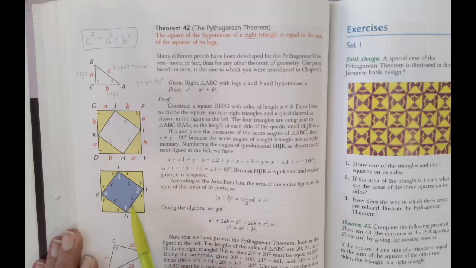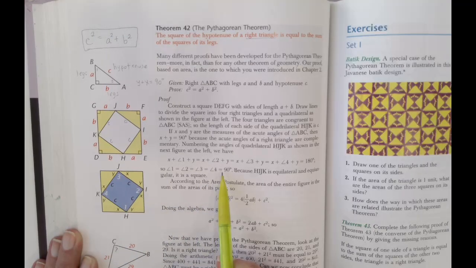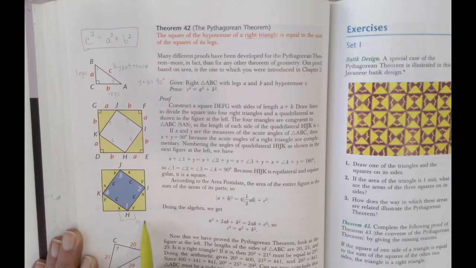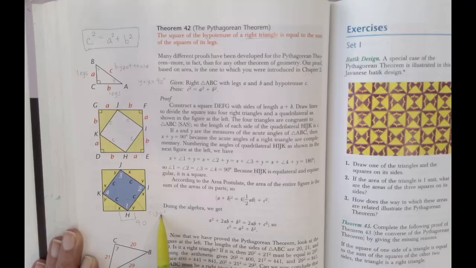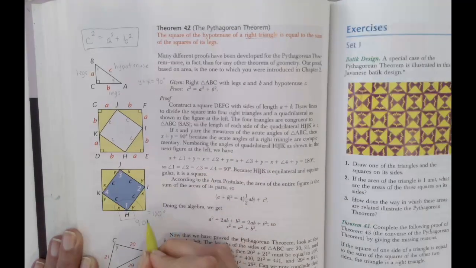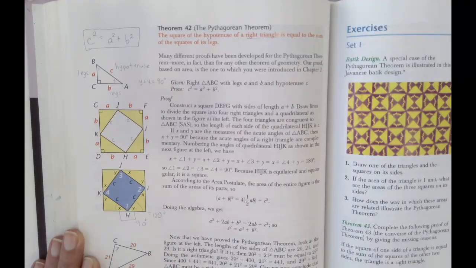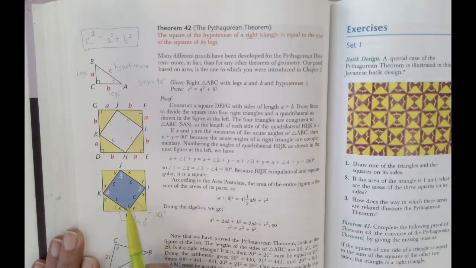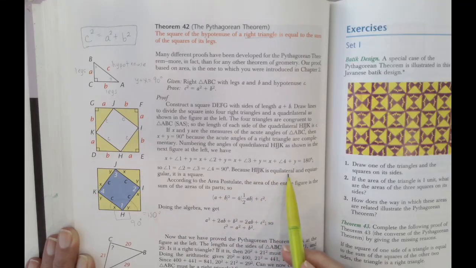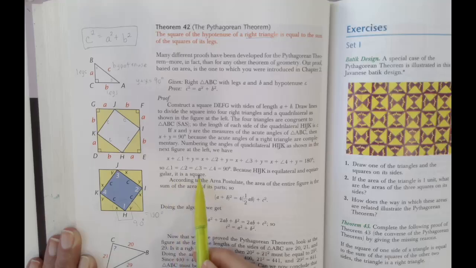And so now we know that angles 1, 2, 3, and 4 are equal, and they must equal 90 degrees because x plus y is 90, and a line in total has to equal 180 degrees. So 180 minus 90 degrees gives us that these angles each equal 90. Because HIJK is equilateral and equiangular, it is a square.